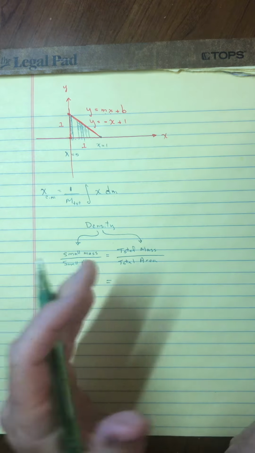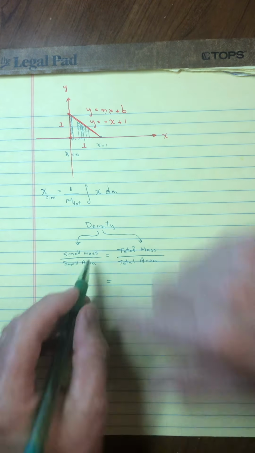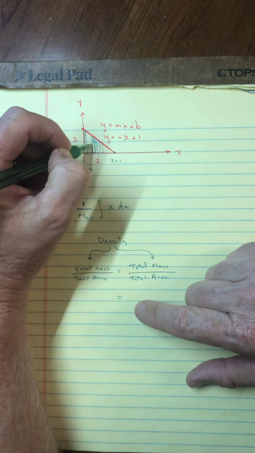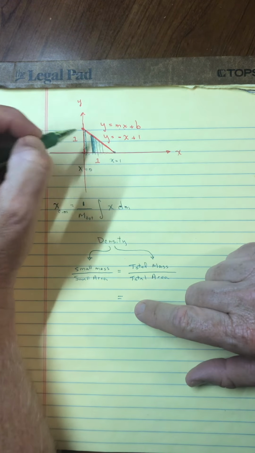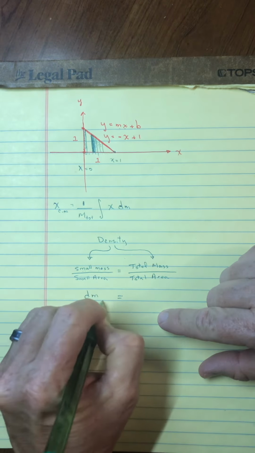And so when we take advantage of that, we can then write a small mass by saying, well, let's think of the small mass as being one of these strips up here. And I'll just color this one in. And so I would say, well, that's my dm.